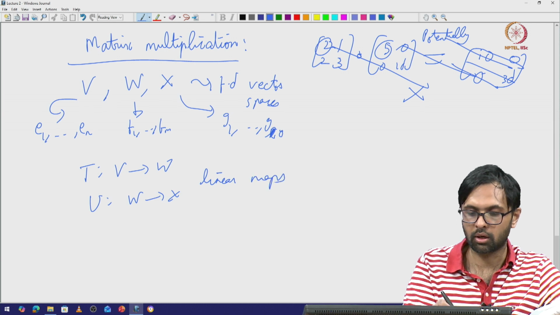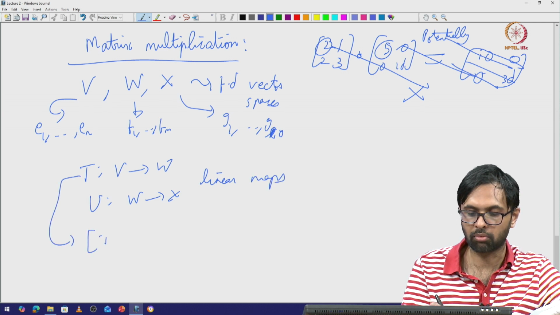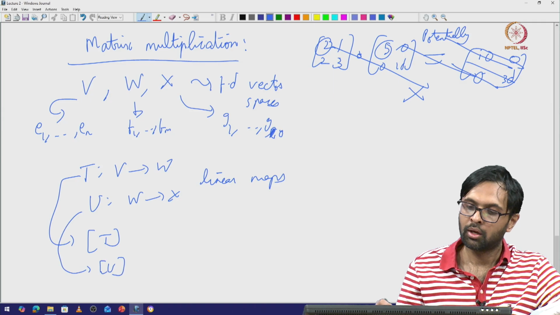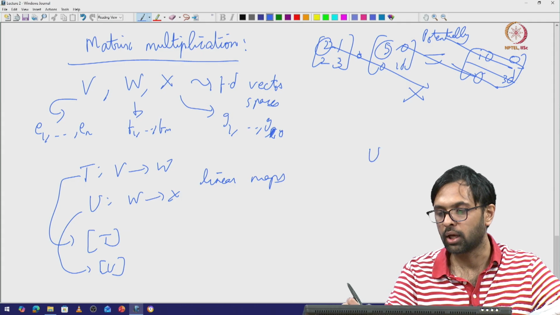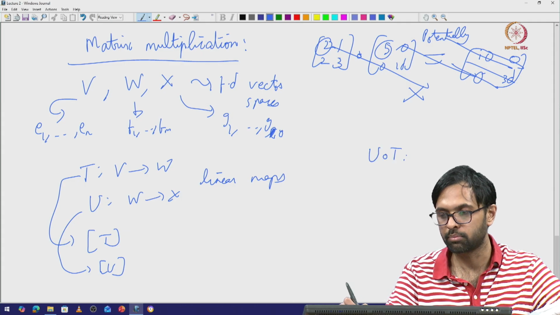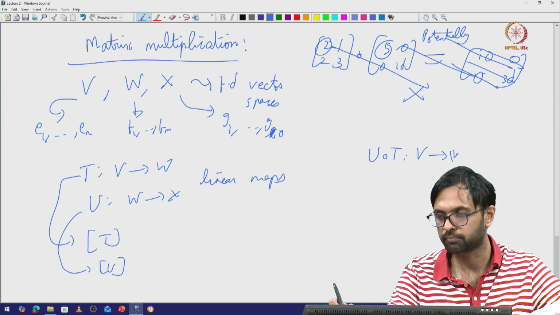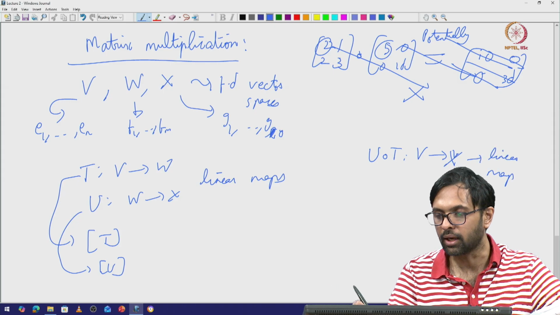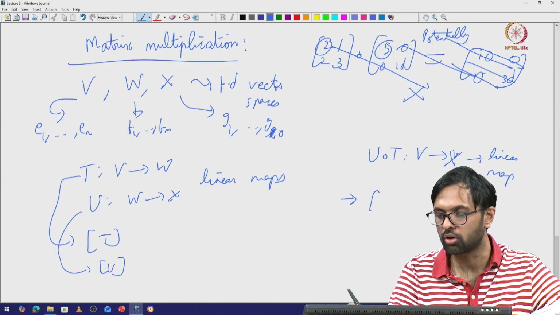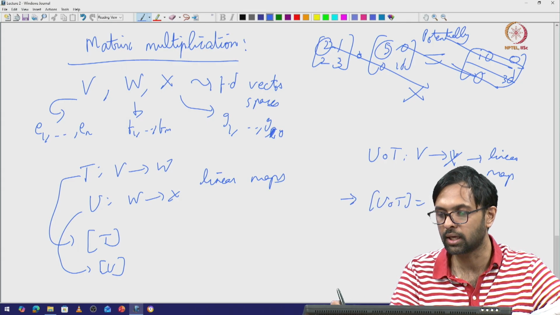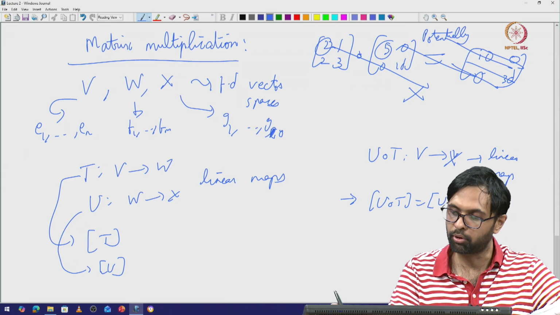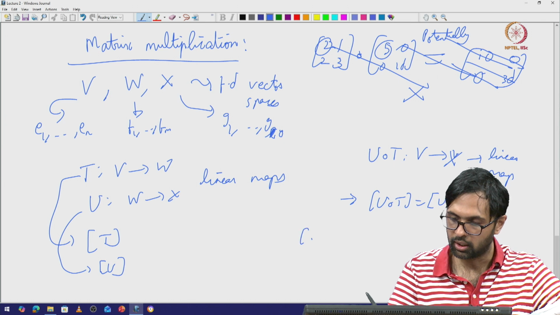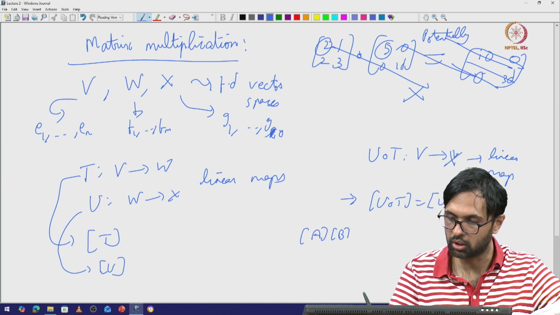Now we get a matrix for T and we get a matrix for U as well. You can verify that if you take the composition of two linear maps, firstly you get a linear map. Secondly, it turns out the matrix for the composition is indeed the product of the matrices in our familiar sense. That is, you multiply matrices in the usual way.